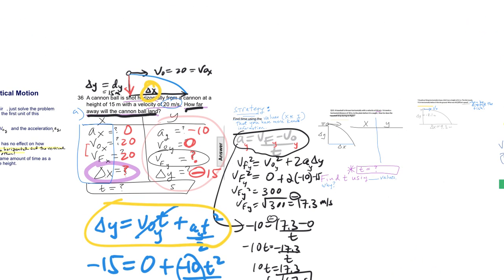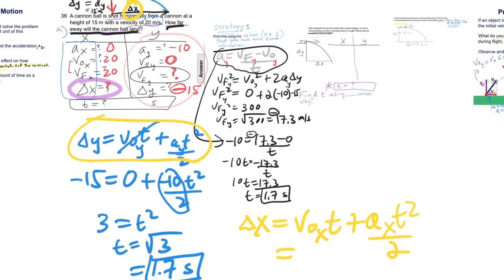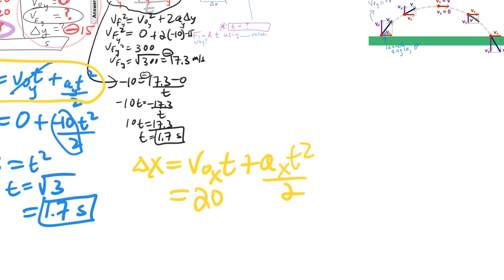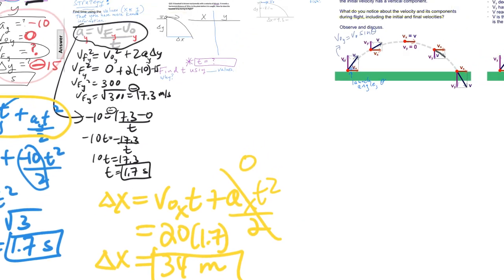The range is VOX, which is VO, 20, times the time, 1.7. AX is 0, so that whole part cancels out. So 2 times 1.7 is 3.4, times 10, comes out to 34 meters. After you find the time, you can find anything.